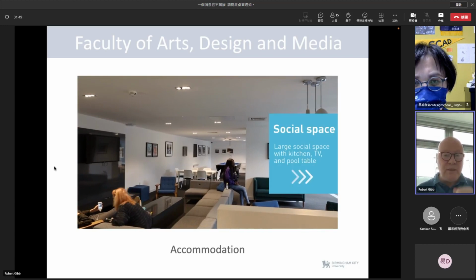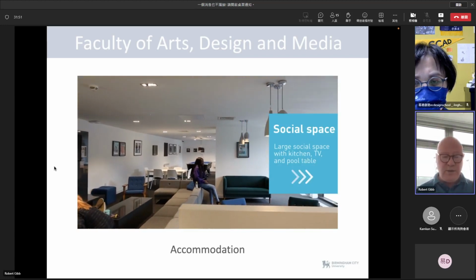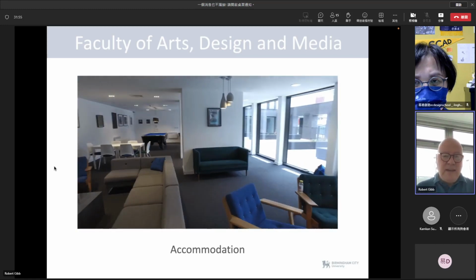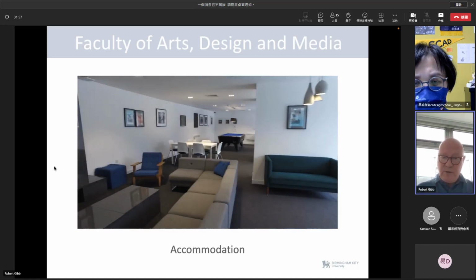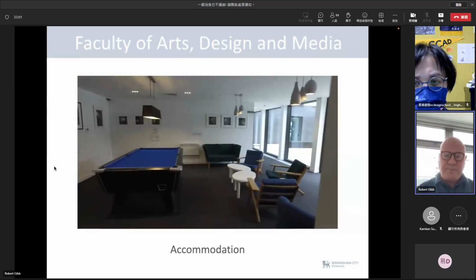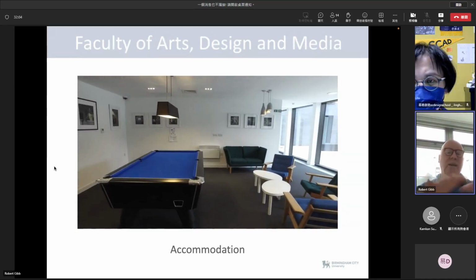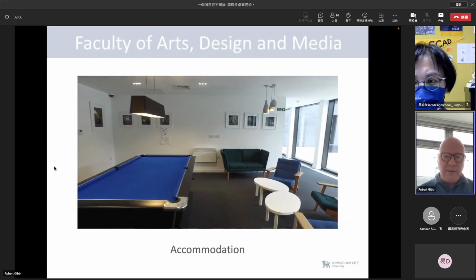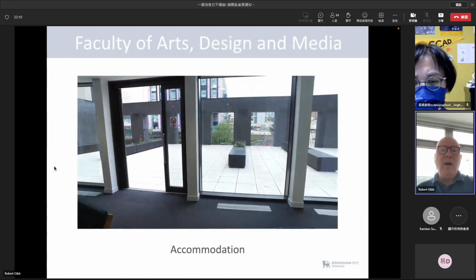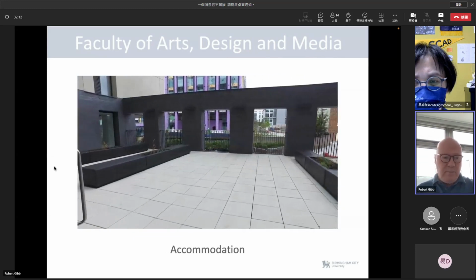This is what the accommodation looks like. There are large social spaces, relaxing areas, kitchens on each floor, en suites in all areas, which is pretty useful. Downstairs, there's a huge laundry room, as you would expect. This is the sort of accommodation you would be expected to move into if you come.